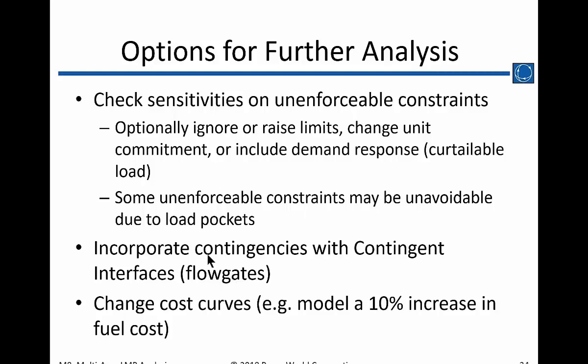We might also look at adding constraints to our case using Flowgate interfaces. You can model the flow on one or more elements with a contingent line outage element within the interface to model the behavior of a flowgate. And we could also look at varying cost curves and see what that does.